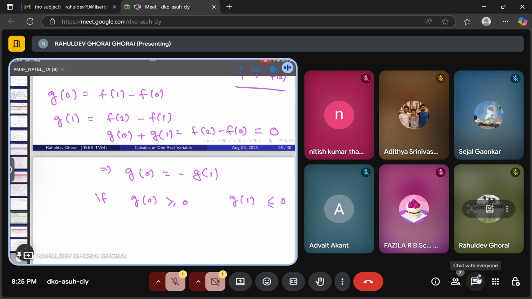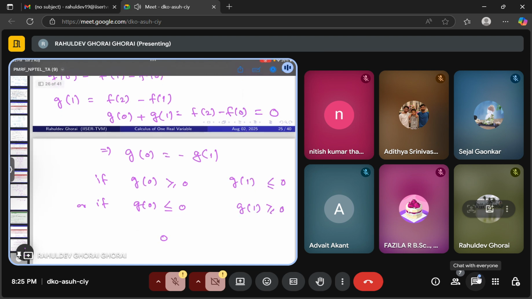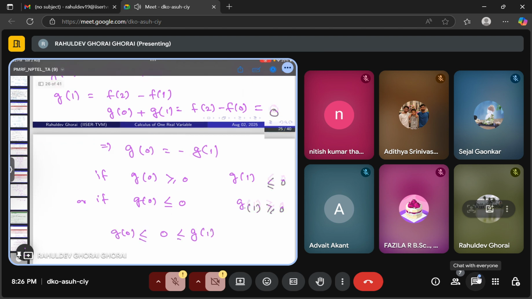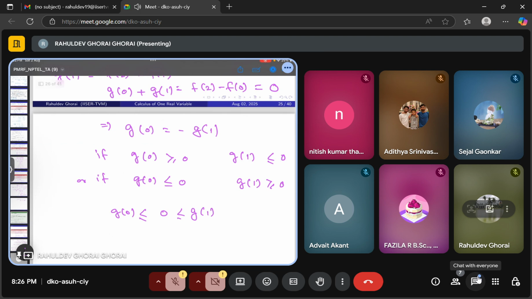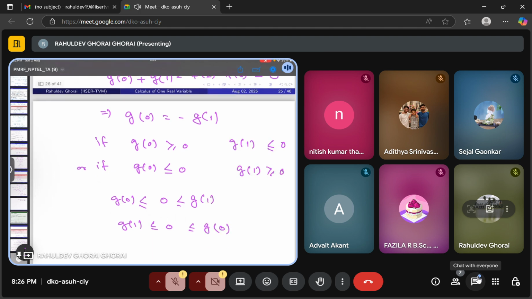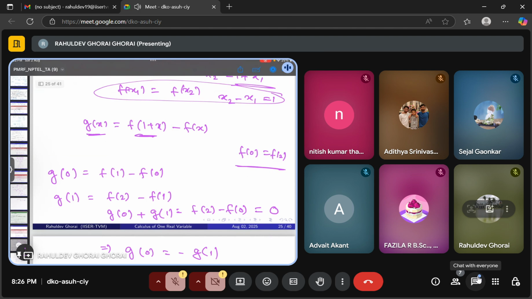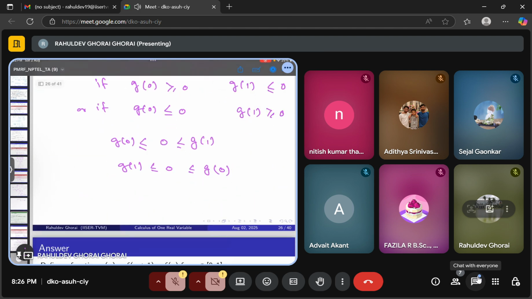Or if G0 is less than or equal to 0, then G1 will be greater than or equal to 0. So 0 will always lie between either G1 to G0, and G is a continuous function because f is a continuous function, so G will also be a continuous function.